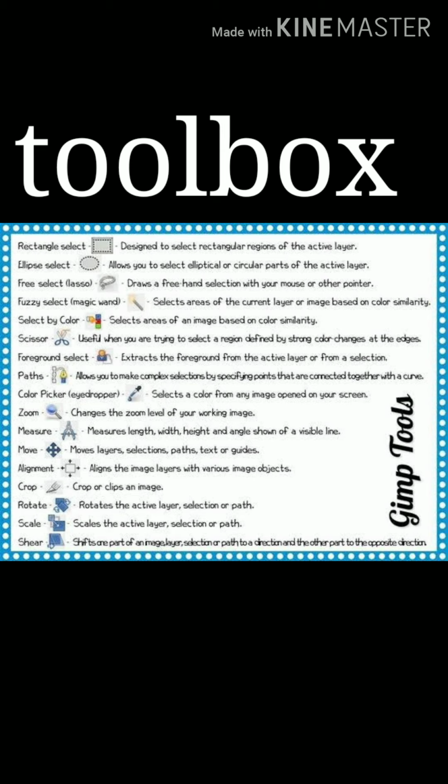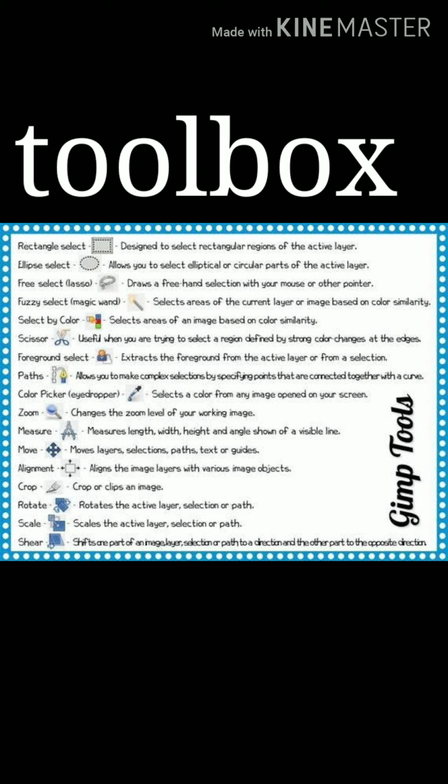Now one by one in the toolbox they are showing a number of different tools. I will explain to you the tools one by one, and how we use these tools. Some tools we previously used in MS Paint, Tux Paint, and Photoshop also. Then again there are tools repeated here.